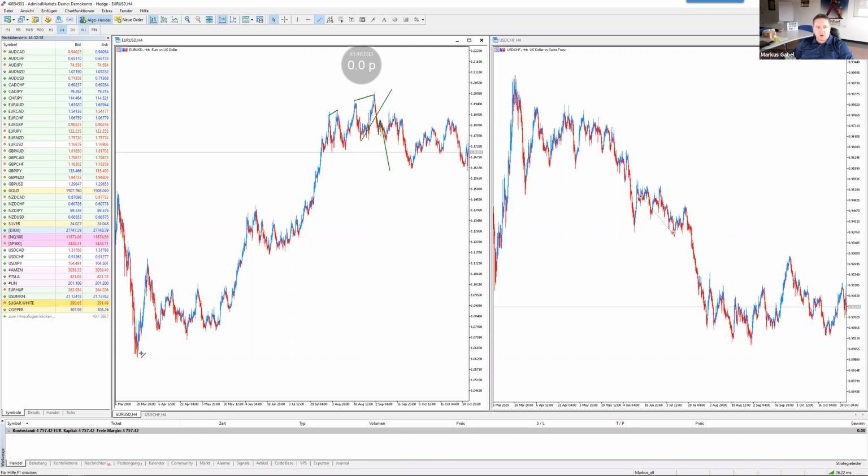You have a stronger Euro and a weaker USD. And on the other side, you have, of course, a weaker USD. That's the same as the weaker USD in Euro USD.